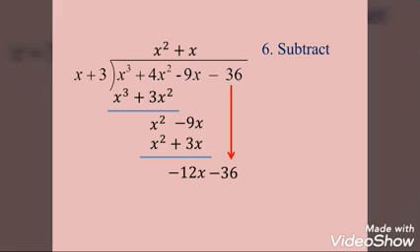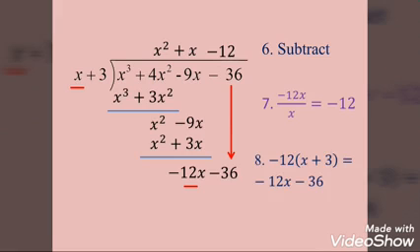Once again, we look at the first term of the divisor and the negative 12x, and we do the division. Negative 12x divided by x will equal negative 12. We transfer this answer of negative 12 into the quotient. Then we carry out our calculation.